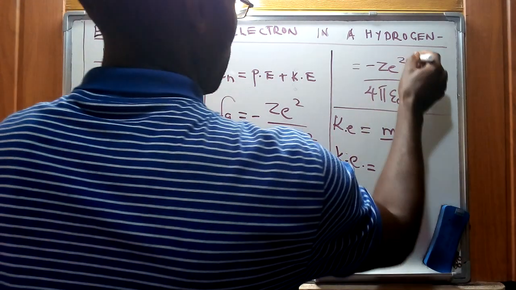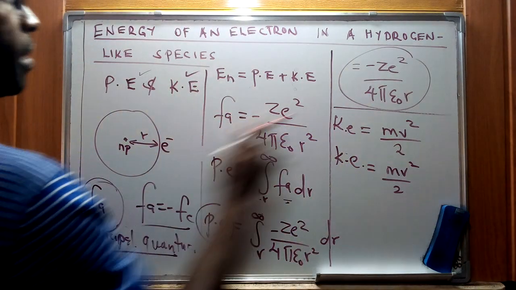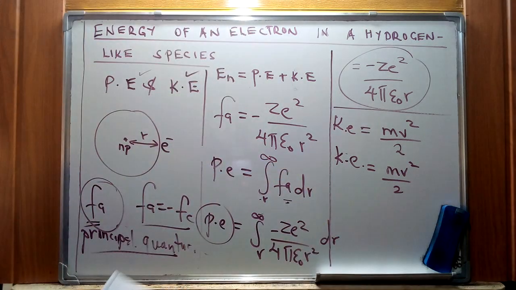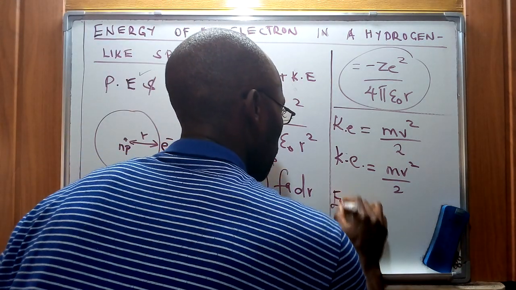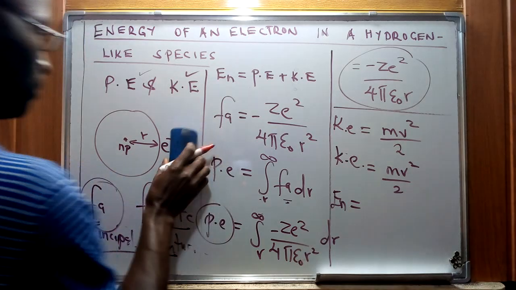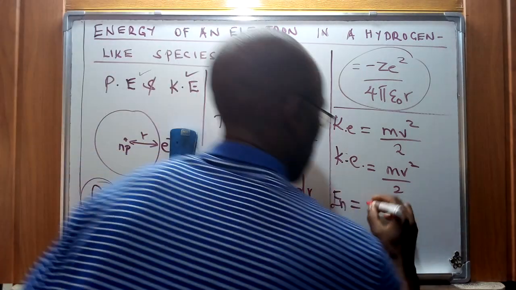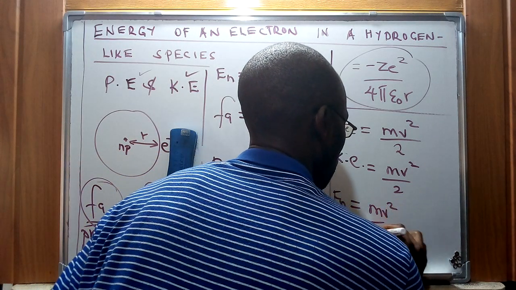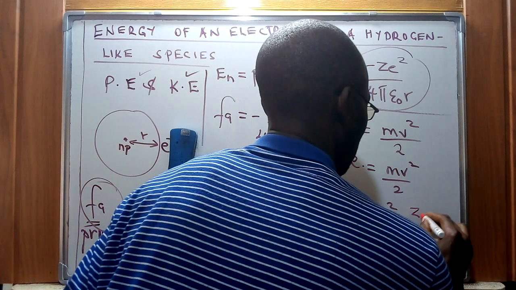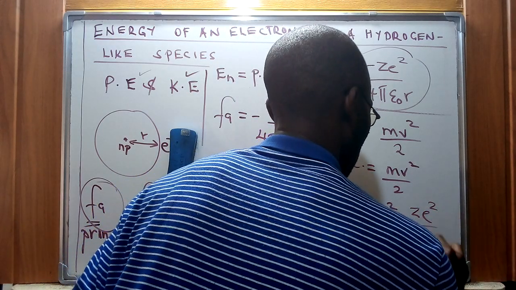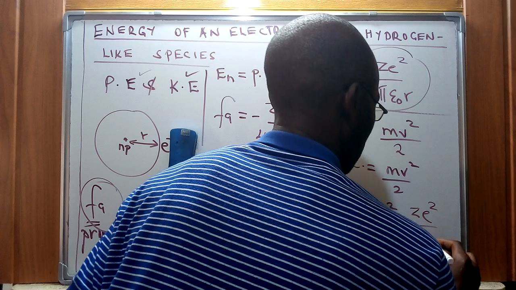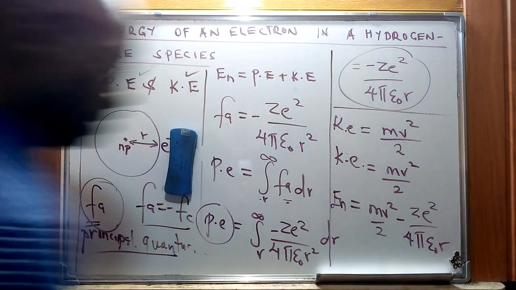So having seen that this is a force of attraction that keeps this system and it's a negative value, therefore we're going to have En represented as mv squared over 2 minus Ze squared over 4 pi epsilon naught r.